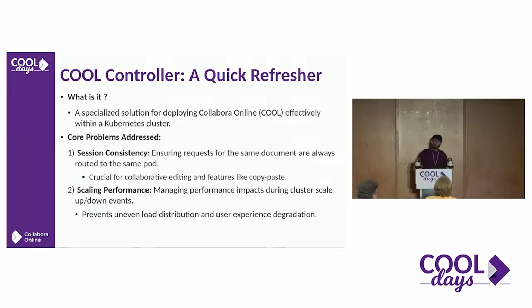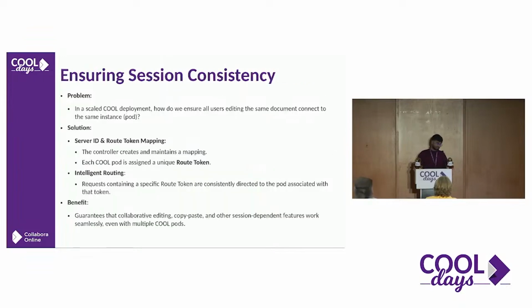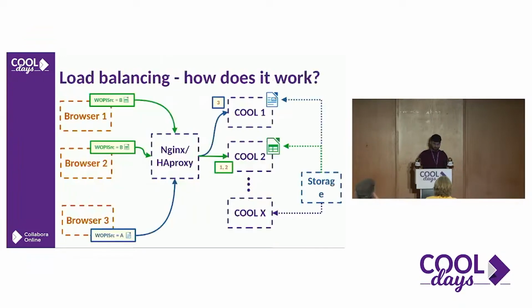Some of the core problems with Collabora Online when you have a multi-cluster, multi-server configuration is that you need to make sure that when you have two sessions for the same document from two different browsers, in this example, if browser 1 and browser 2 open document B, we need to make sure that it goes to the same Collabora Online server.